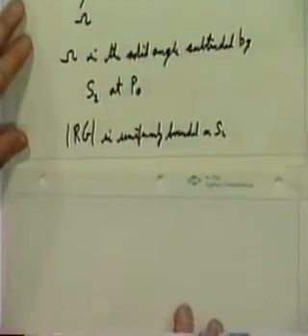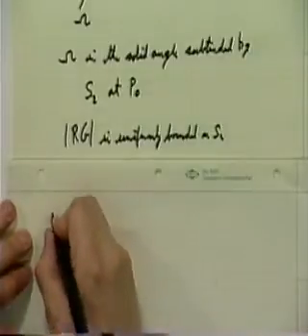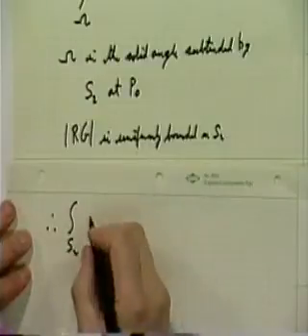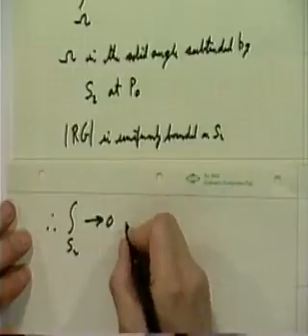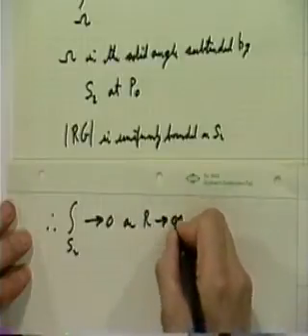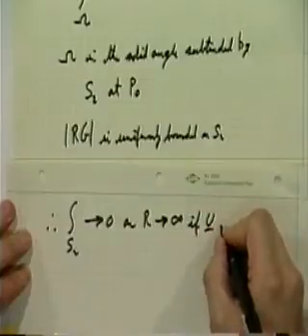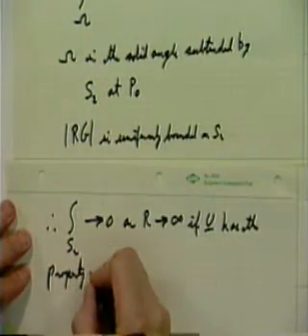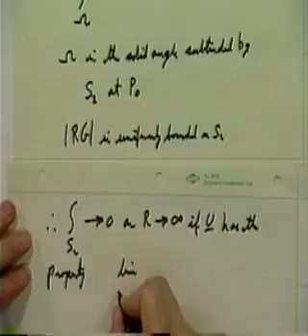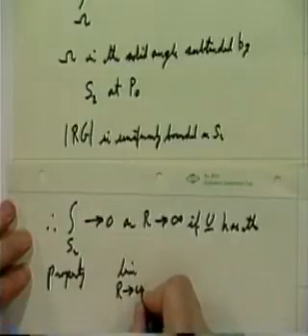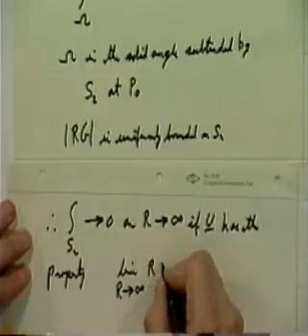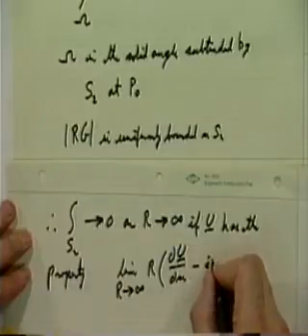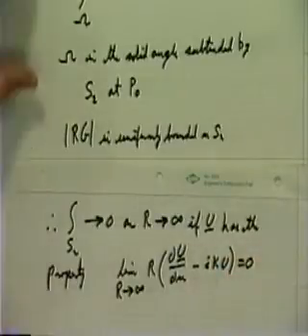And therefore, this integral over S2 will go to 0 as R goes to infinity if U has the property that in the limit that R goes to infinity, R times partial of U with respect to N minus i k U is equal to 0.